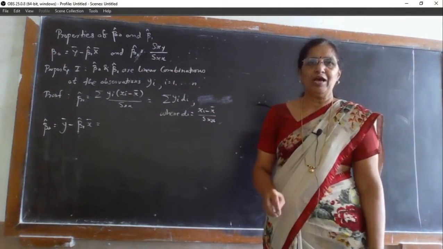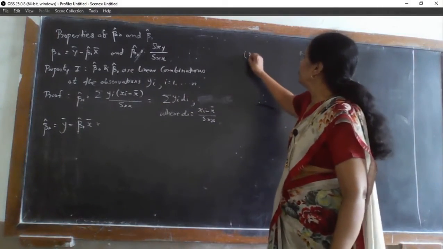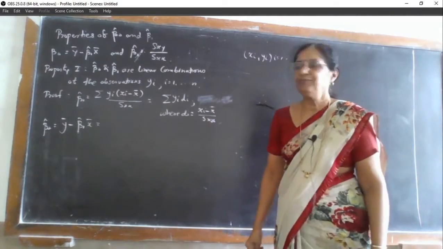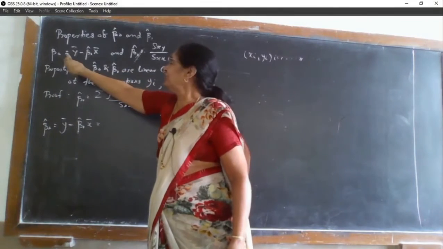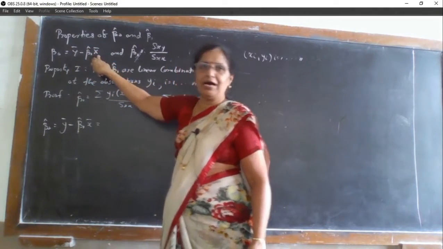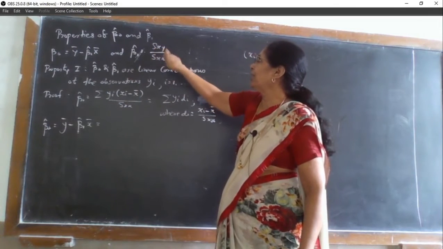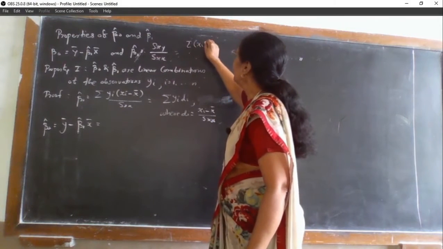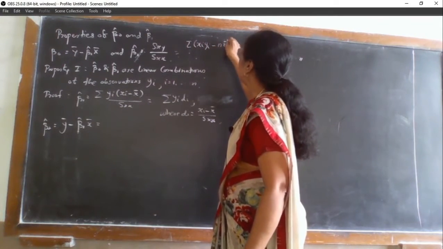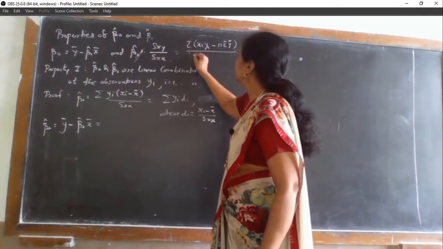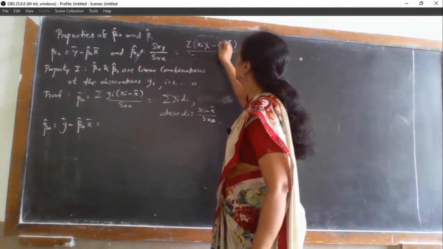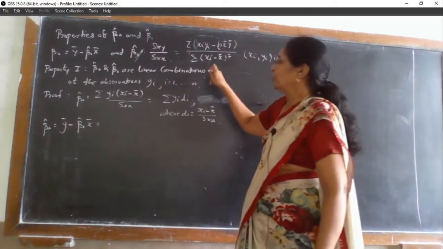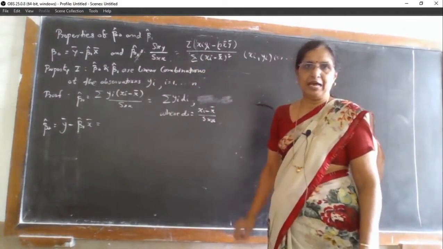That means if we have n paired values (xi, yi), i equal to 1 to n, in any bivariate data, you can compute beta naught cap as y bar minus beta 1 cap x bar, and beta 1 cap is Sxy upon Sxx, which is equal to summation of xi yi minus n times x bar y bar divided by summation of (xi minus x bar) whole square. Okay, so this is your beta 1 cap.